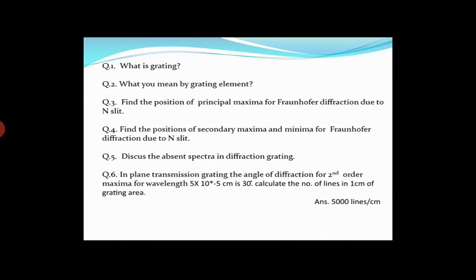The next question is, in a plane transmission grating, the angle of diffraction for second order maxima for wavelength 5 into 10 to the power minus 5 centimeter is 30 degrees. Then calculate the number of lines in 1 centimeter of grating area. In this question, you have to calculate the number of lines of grating per centimeter.